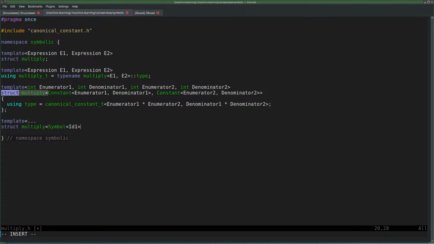So we have two symbols. Symbol ID1 and ID2. So those are the template parameters that we need here.